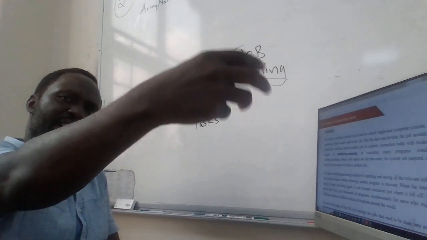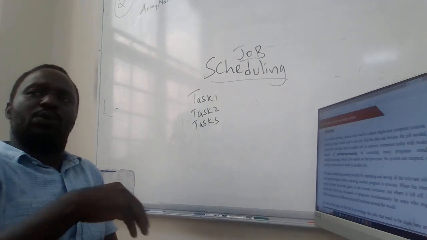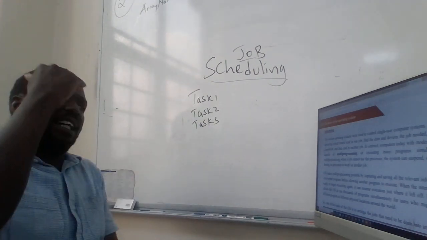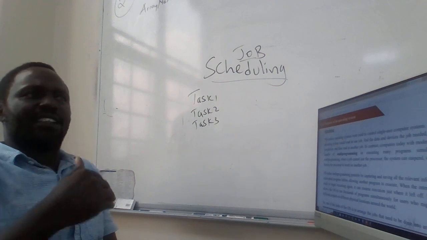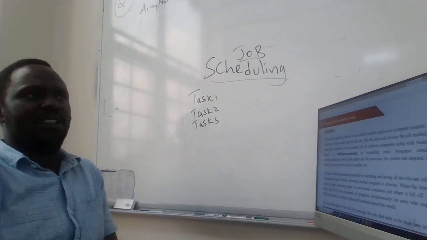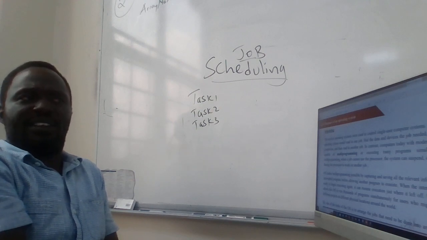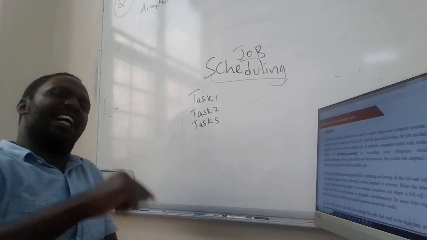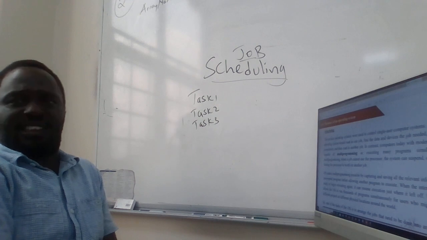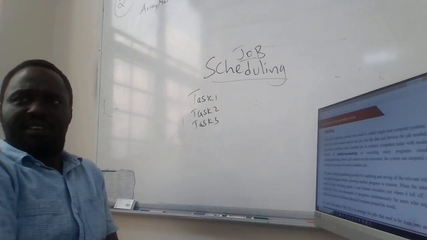Which one should I do next? Which one should I do last? That arranging jobs or tasks in the order in which they need to be performed is called job what? It's called job scheduling. And it is done by the operating system.